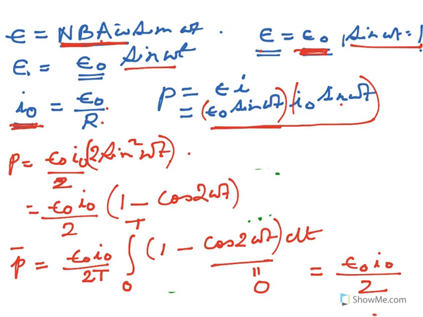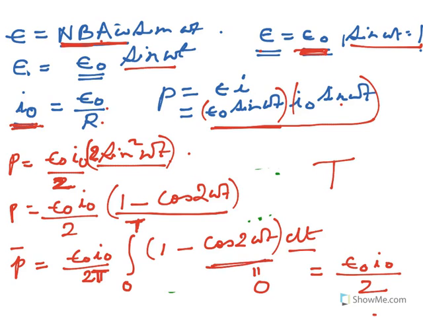We have divided the numerator and denominator by 2, so we get E0 I0 by 2, and 2 sin square omega t is also equal to 1 minus cos 2 omega t. Once we integrate this formula over a time period T, the same thing can be written as E0 I0 by 2T, 0 to T limit, 1 minus cos 2 omega t dt.